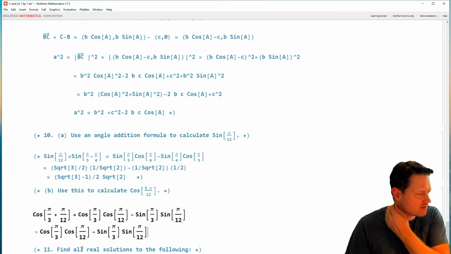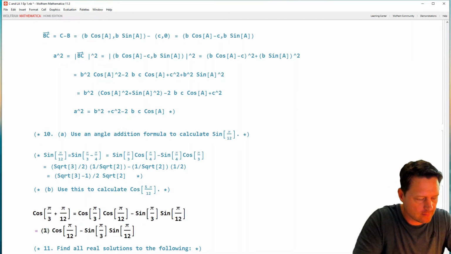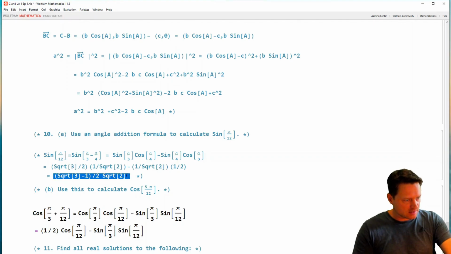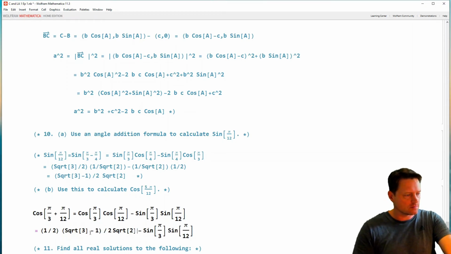So put this underneath here. So cos of pi on 3, that's 1/2. Cos of pi on 12. Okay, so in a similar way, this is going to be 1 plus root 3 all over 2 root 2.